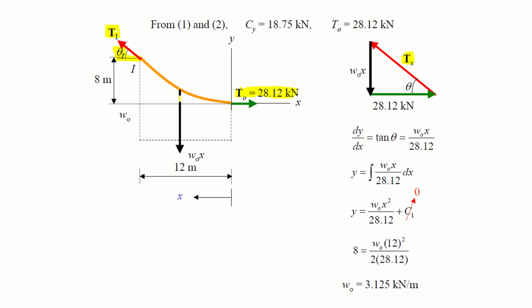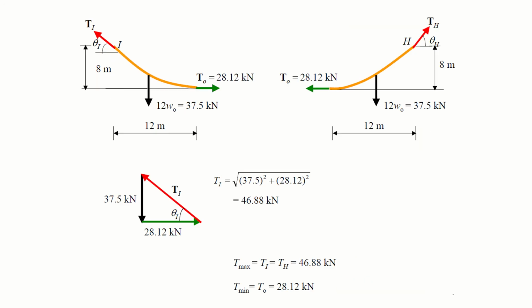And the perpendicular is this vertical hanger force, which is W naught into X, right? So using again the same equation of tangent theta, which is equal to perpendicular by base, and integrating it with respect to X, we will get this thing, cancelling again the constant, assuming it is 0. Putting the values, we will get W naught is equal to 3.125 kilonewton per meter acting downward.